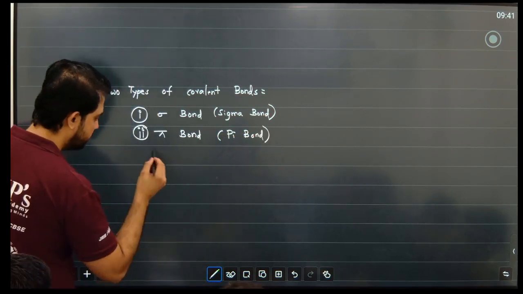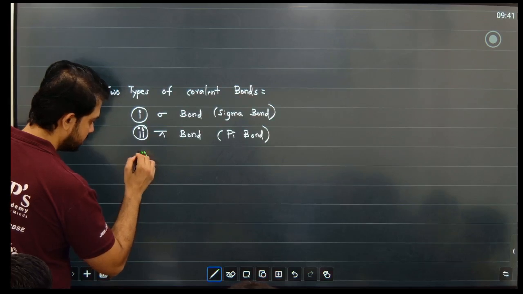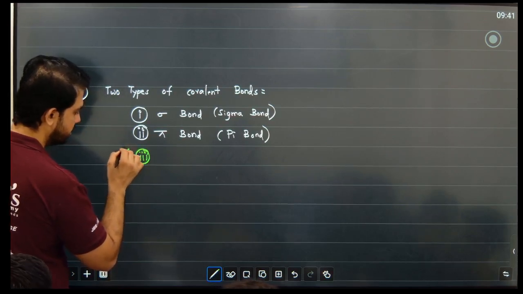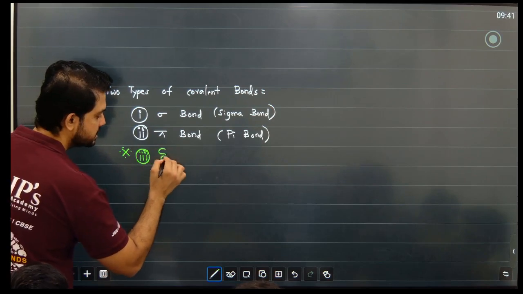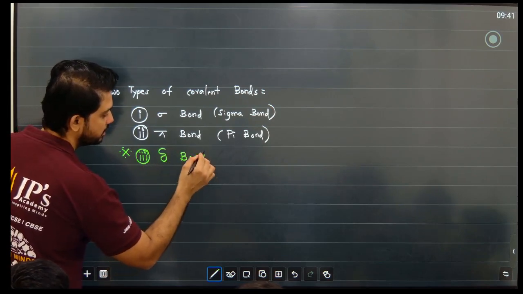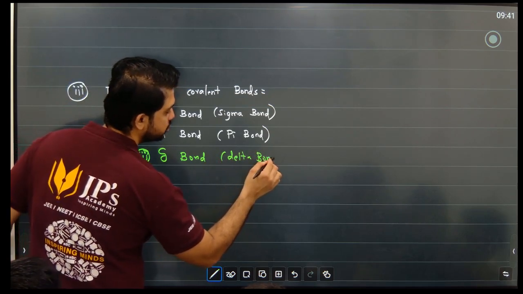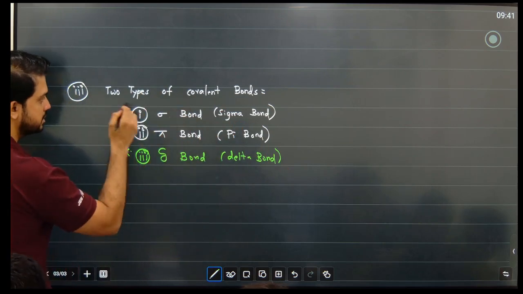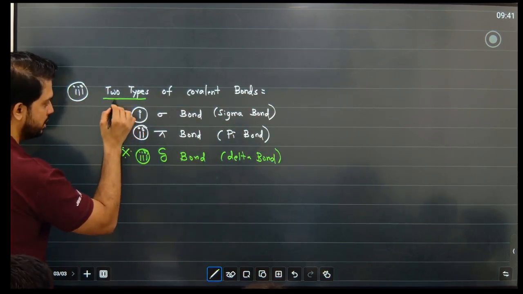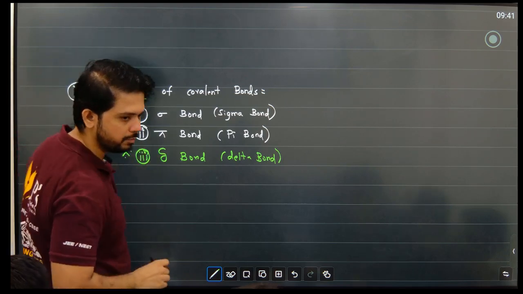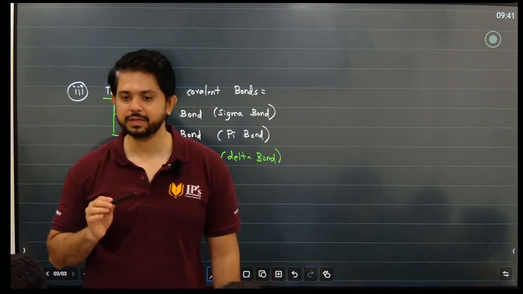There's another type, ठीक है, जो थोड़ा सा एक्स्ट्रा है. This is called a delta bond. Our major focus will be on the first two types of bonds. इनमें ही हमारा major focus होगा. But I will also give you a small overview as to what a delta bond is.